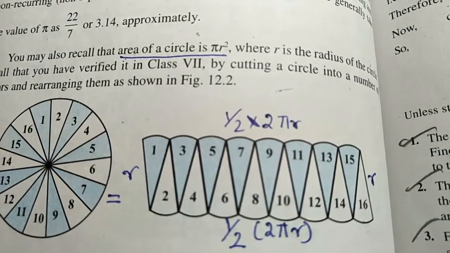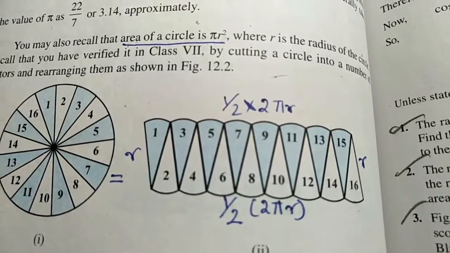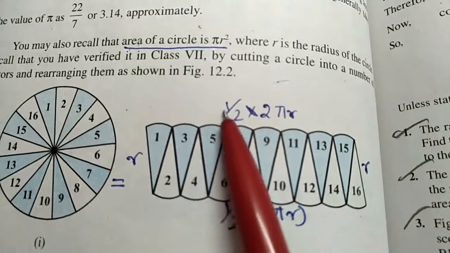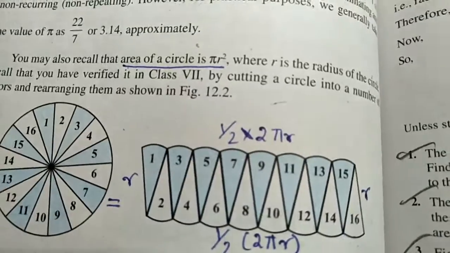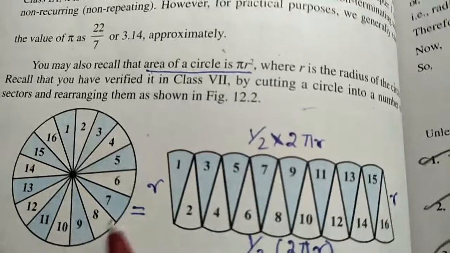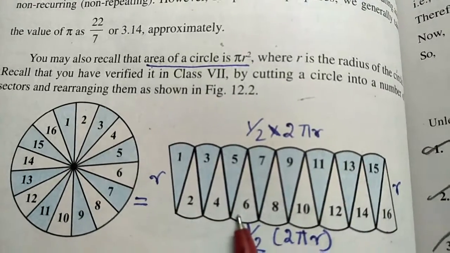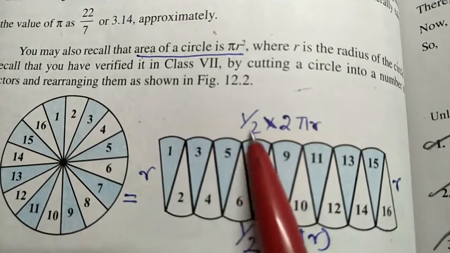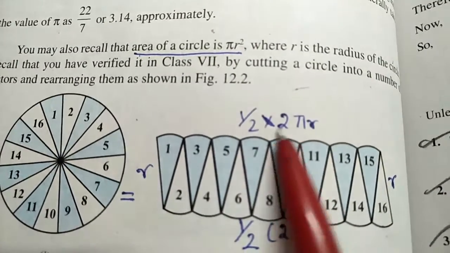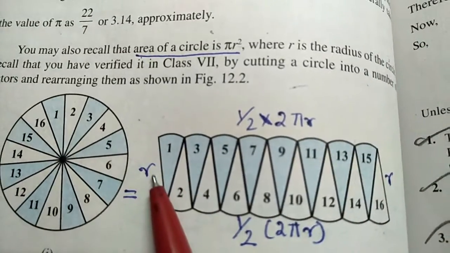So when we join this, it becomes 2 pi r. So this is the length, that is half 2 pi r, this is the breadth, that is r. If you want to equate this with the area of rectangle, it is length into breadth, that is half 2 pi r multiplied by r.